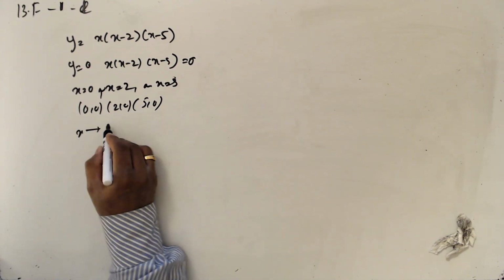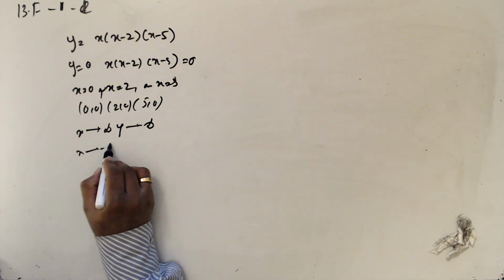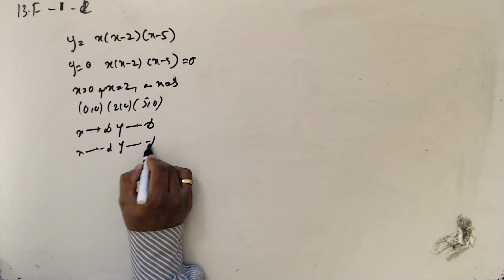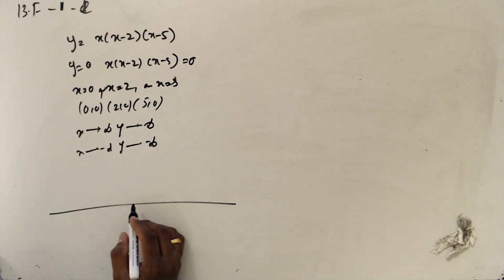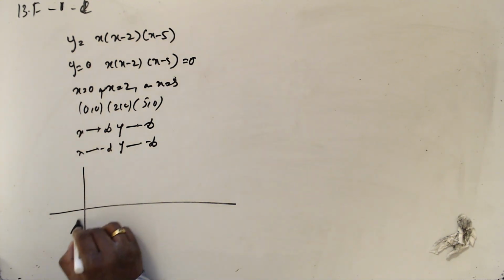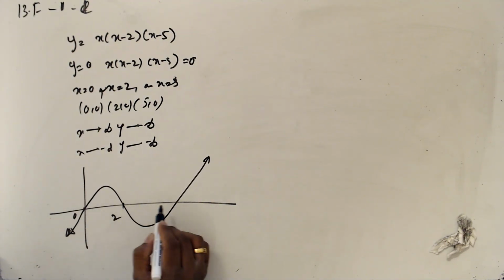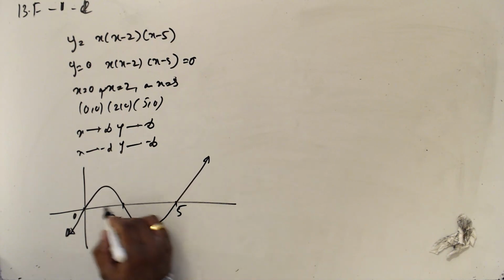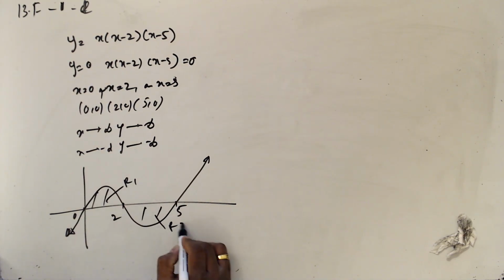As x goes to positive, y goes to positive infinity; as x goes to negative, y goes to negative infinity. So this is 0, this is 2, and this is 5. There are two areas, one is R1, the other one is R2.